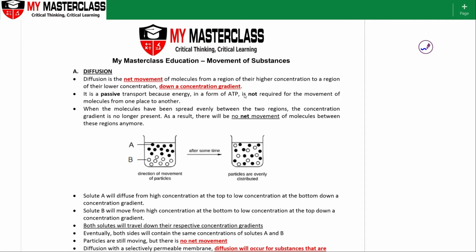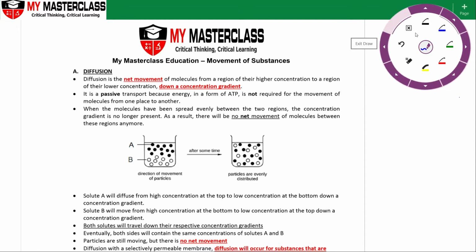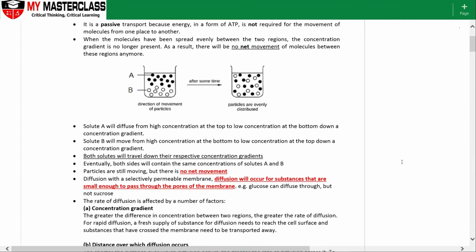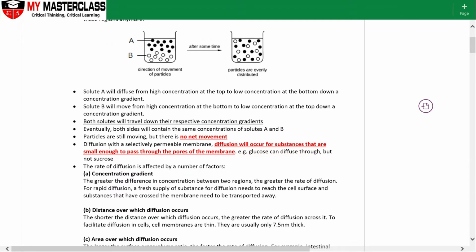It's not required here. So the substances or solutes move from a region of higher concentration to a region of lower concentration. Only for substances that are able to pass through things like a semi-permeable membrane, that is what we call osmosis, but we will be looking at that later.